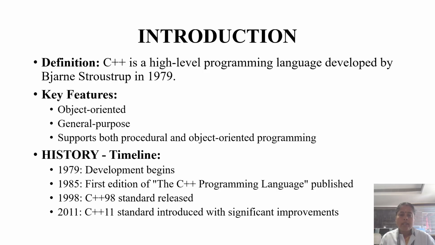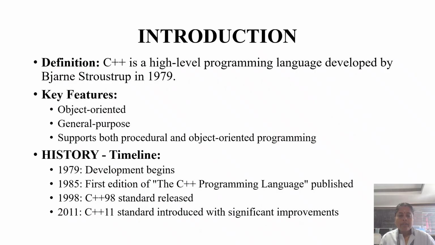C++ is a high-level programming language, which was developed by Bjarne Stroustrup in 1979, and it has features such as object-oriented programming. It can also be used for general-purpose programming, and it supports both procedural and object-oriented programming.